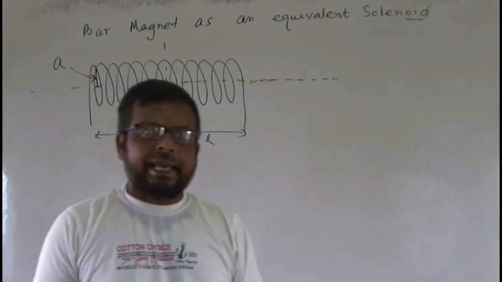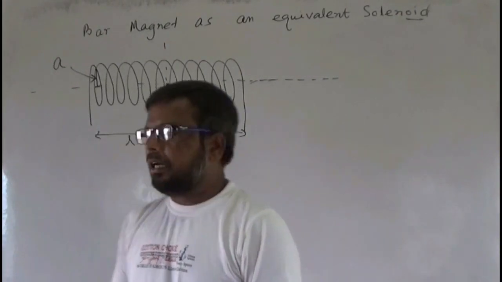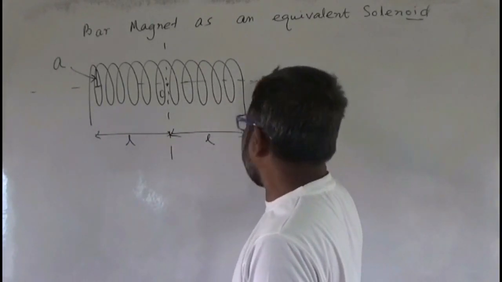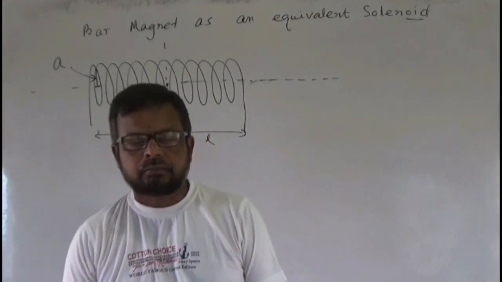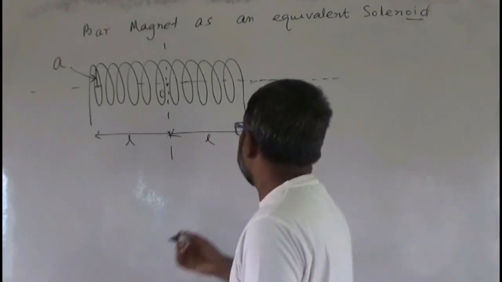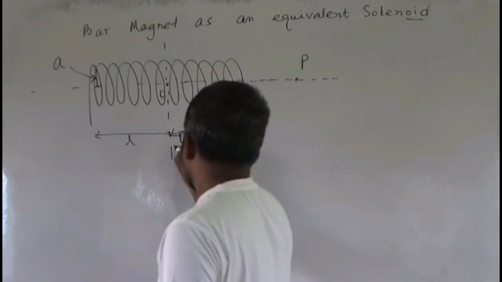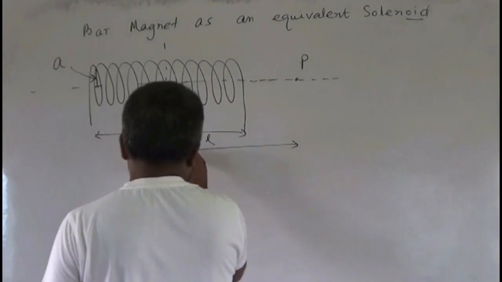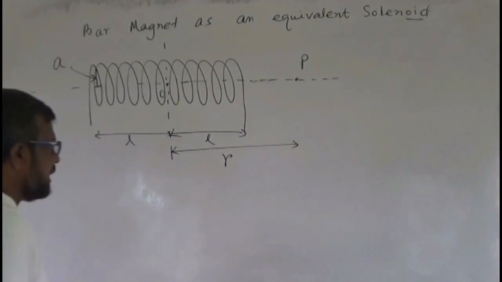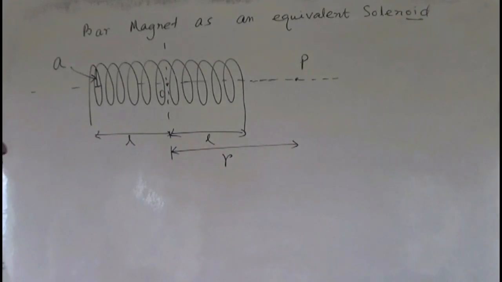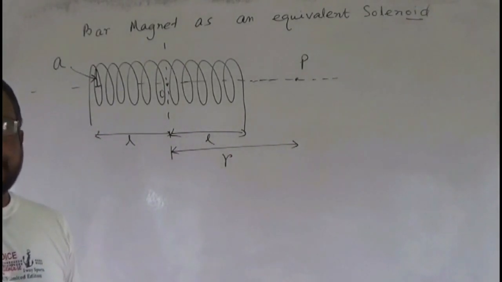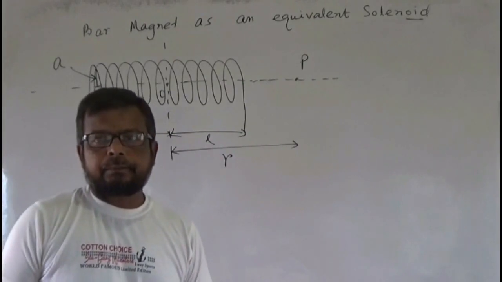To calculate the axial field, that is the field at a point on the axis, at a point P, let us say this point is P, which is at a distance r from the center of the solenoid, and also this point is on the axis of the solenoid, right?